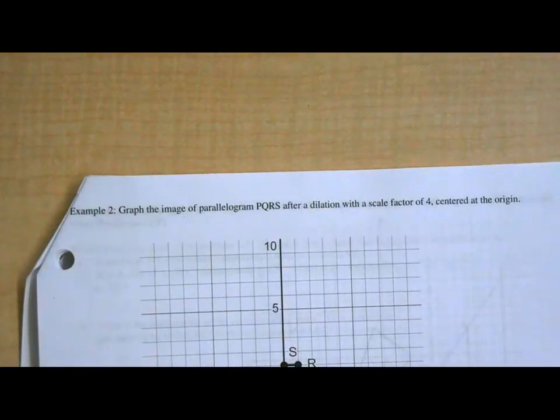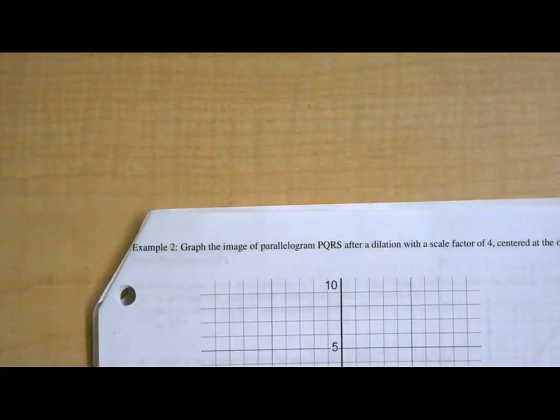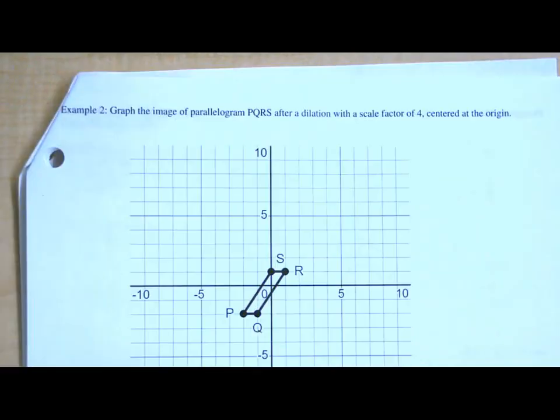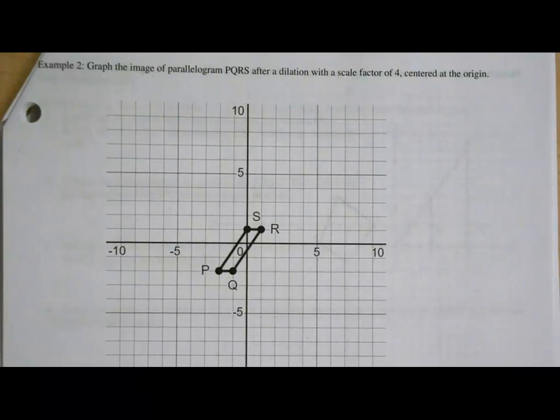So let's practice one more at the origin. Actually, we'll do two more at the origin. Keep it simple. For this one, could you dilate it by a scale factor of 4, centered at the origin?